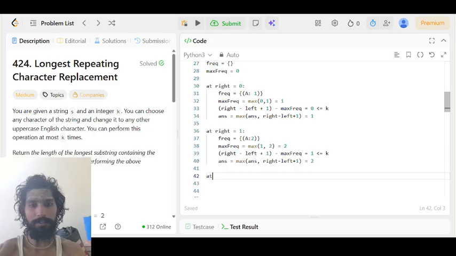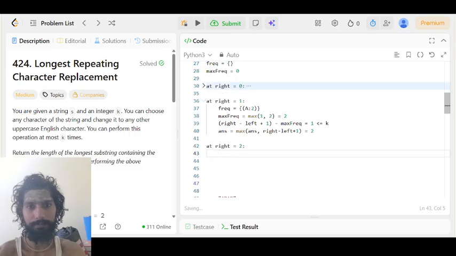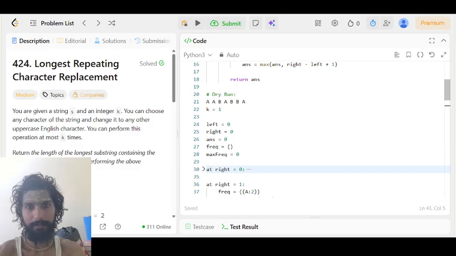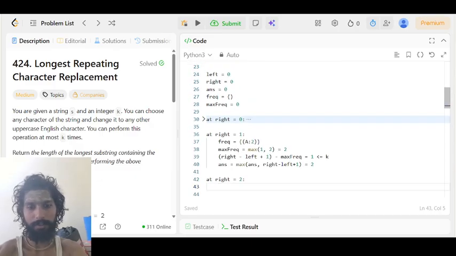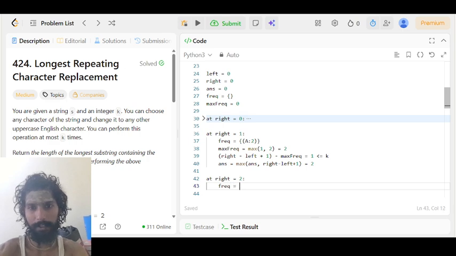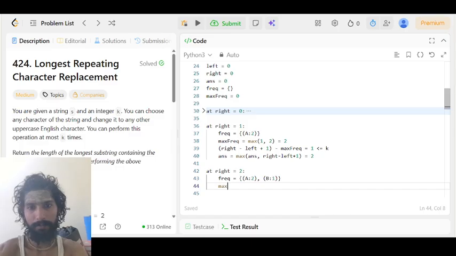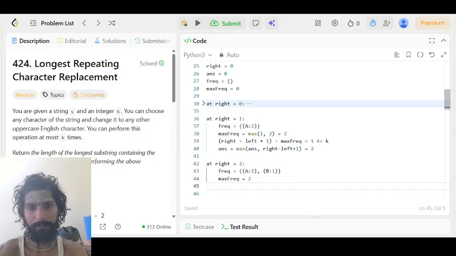Now right will increase once again, at right equals 2, I have B. So freq will have a different set. A will have the value of 2 and B will have the value of 1. Max freq will be equal to 2 only.